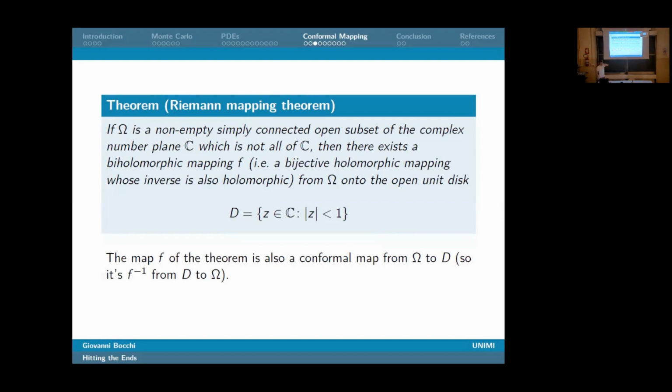The open disk, so without the boundary. And so by this theorem, F is a conformal map from omega to D, and also the inverse is a conformal map from D to omega. The key fact of conformal mappings is that they also preserve the harmonic measure.